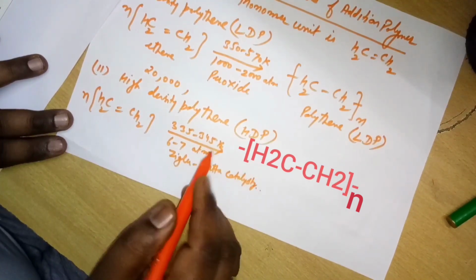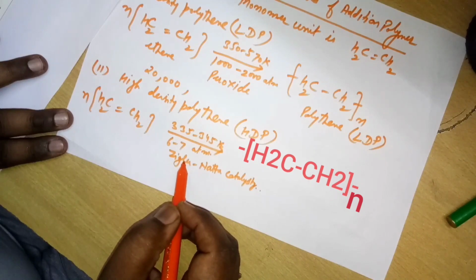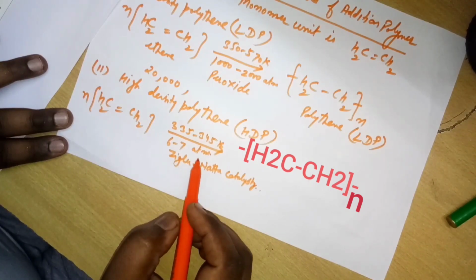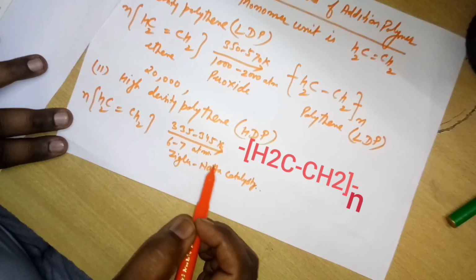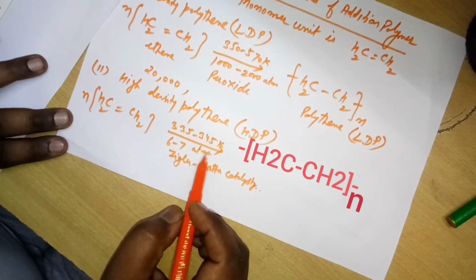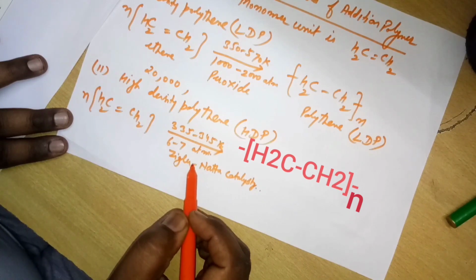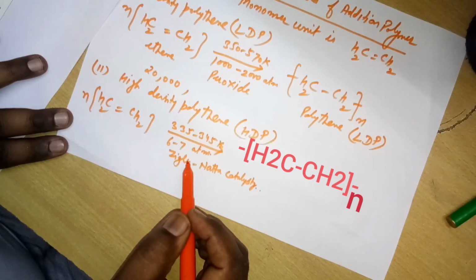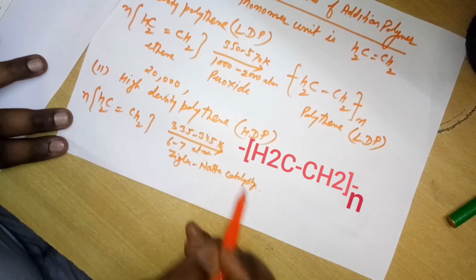It is chemically inert but has great toughness, hardness and tensile strength as compared to low density polythene. It is used in the manufacture of containers such as buckets, tubes, housewares, pipes, bottles and toys.